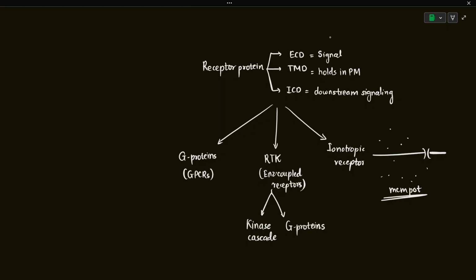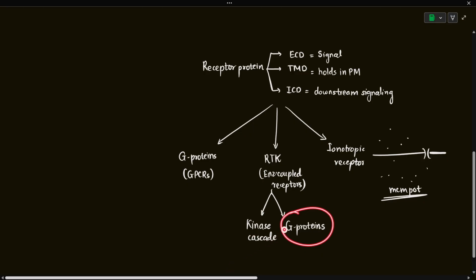So these three receptor proteins are very different, and we have discussed GPCRs, ionotropic receptors, and RTKs, which can activate kinase cascades such as MAP kinase modules through G proteins such as RAS proteins. So we have discussed both of them.